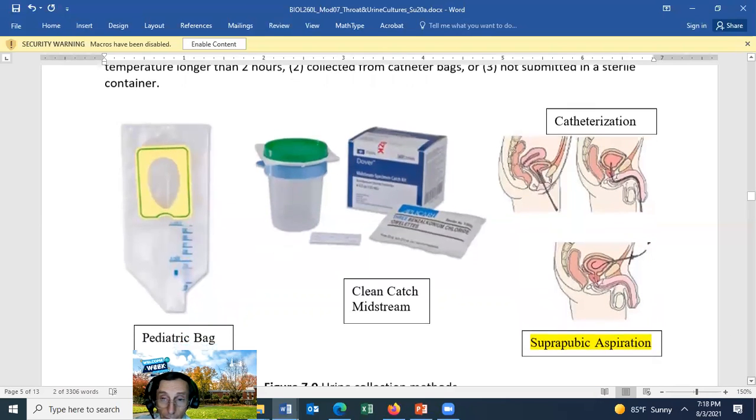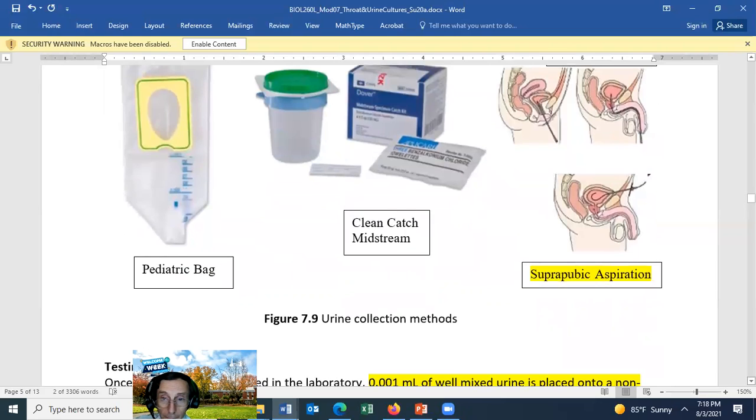And then the third way, the suprapubic aspiration, is you put an injection directly into the bladder and then sample the urine directly from the bladder. Now, this way, patients definitely wouldn't like that because you're poking them with a needle. And you have to be skilled at doing that, meaning they usually will be a little prepared.